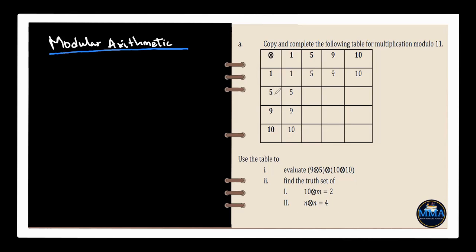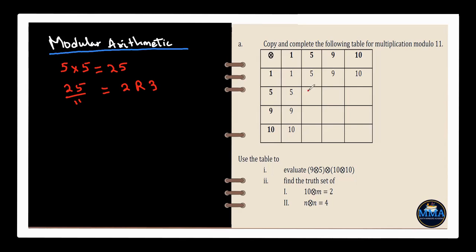Here we do 5 times 5. 5 times 5 is 25. Now, if we divide 25 by 11, it's going to give us 2 remainder 3. 11 can go in 22 twice, and then in 25, we have a remainder of 3.